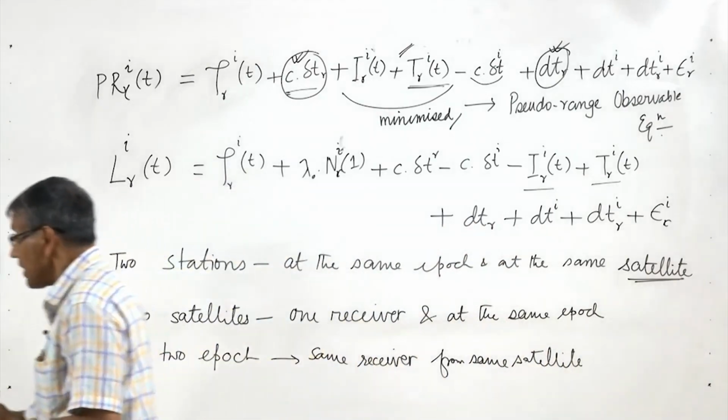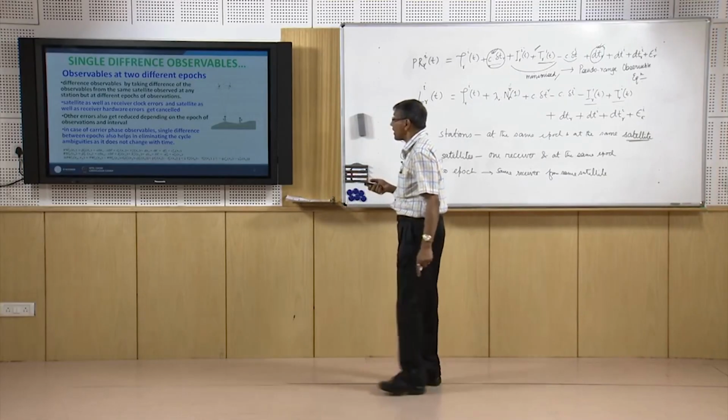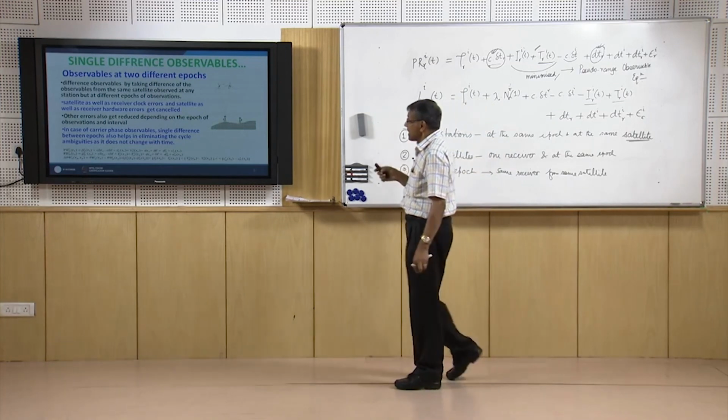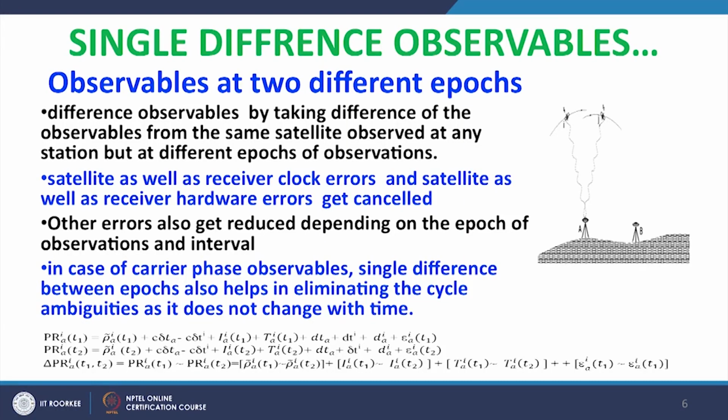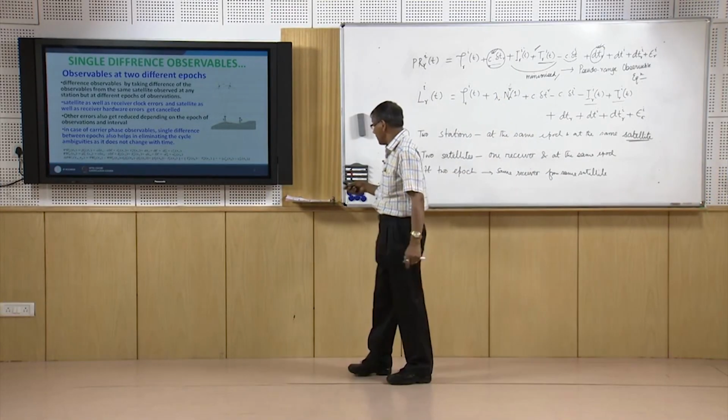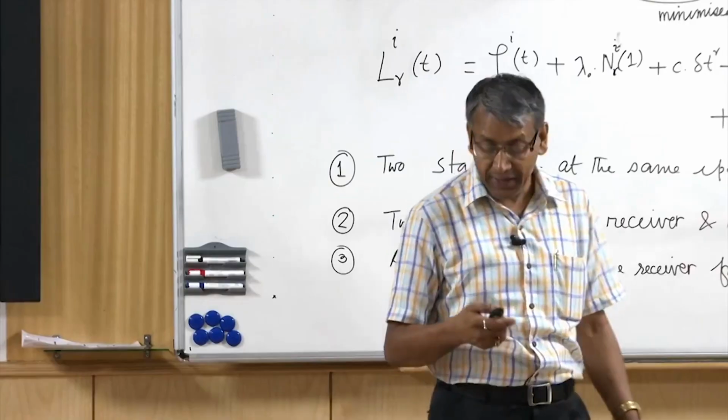So as the signals are coming to the same receiver and from the same satellites, it is expected that the errors arising out of the space segment as well as the receiver segment are both removed or minimized, and other errors will also be minimized depending upon the time interval between the two epochs. This is a very important type of difference, so it is called delta range and it has many other uses and applications.